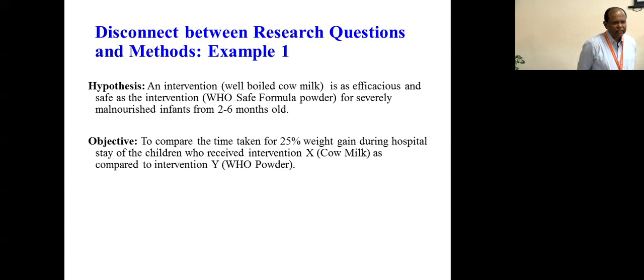So they said we'll train the mothers to boil the cow milk very well and study the efficacy of the cow milk as compared to the WHO based formula.